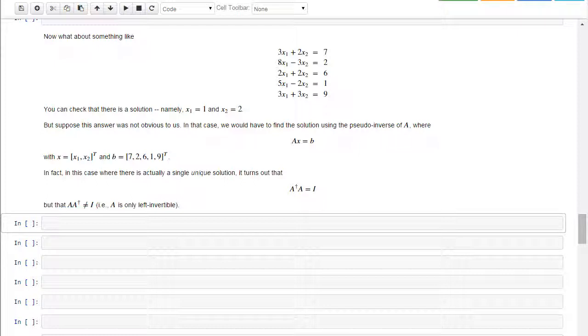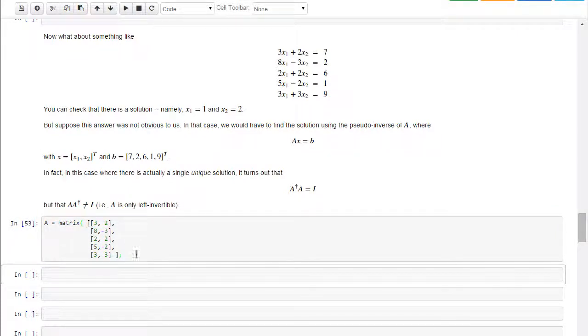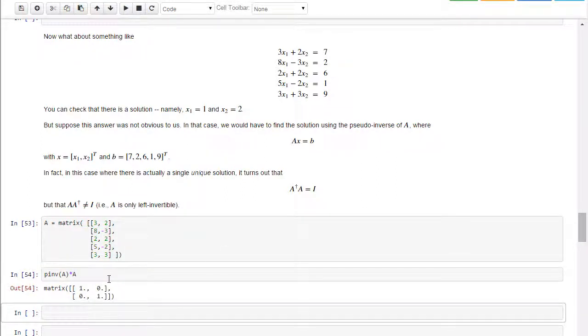Alright, so let's take a look. Let's just do one. Let's just look at this system. So there's my A. That's just the coefficient matrix up here. I'm going to use the P inverse. And notice that P inverse is the A dagger, and A dagger A here is the identity matrix.